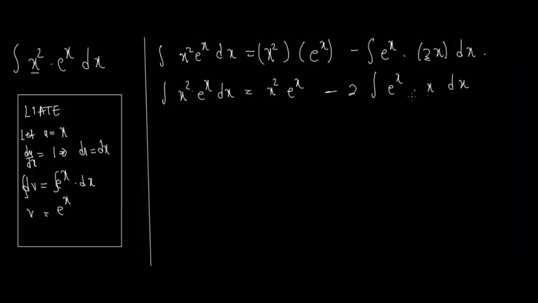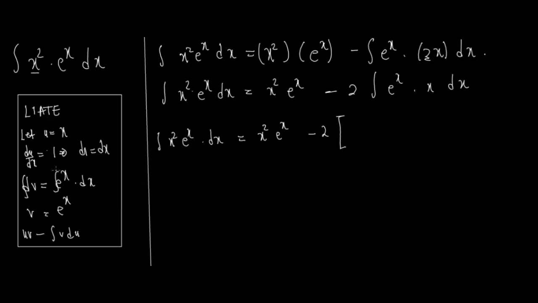So again, here you're going to apply the integration by parts formula, which says uv minus the integral of v du. It's going to become the integral of x squared e to the x times dx, which is equal to x squared e to the x minus 2 times, here we apply the formula.